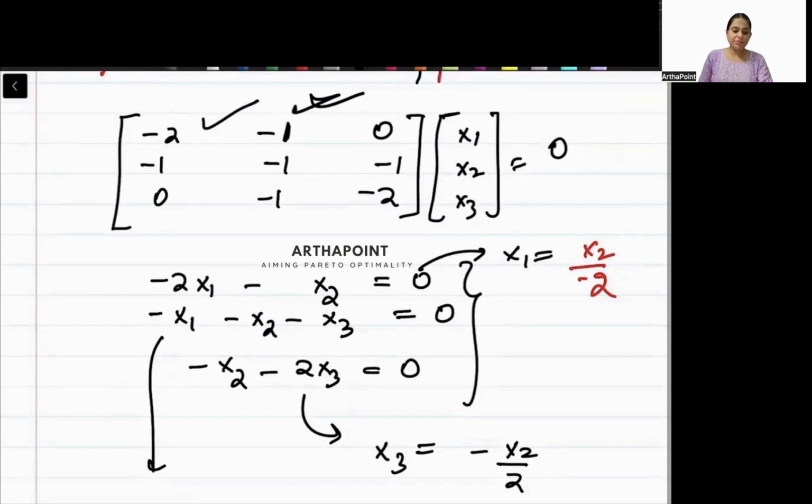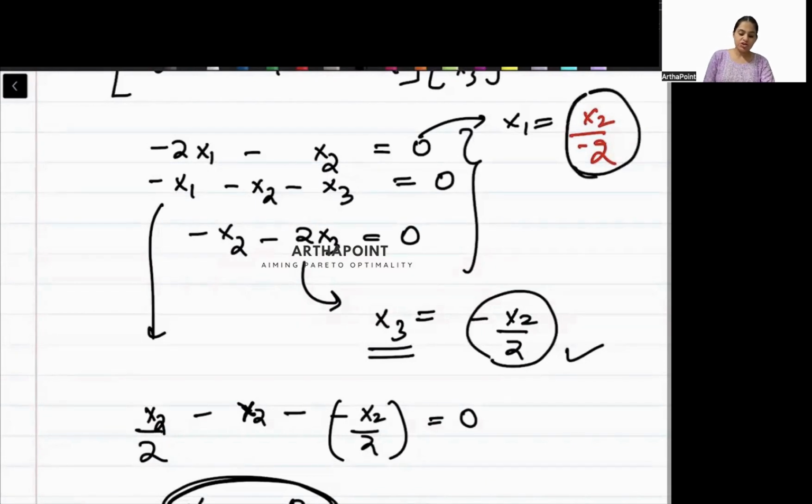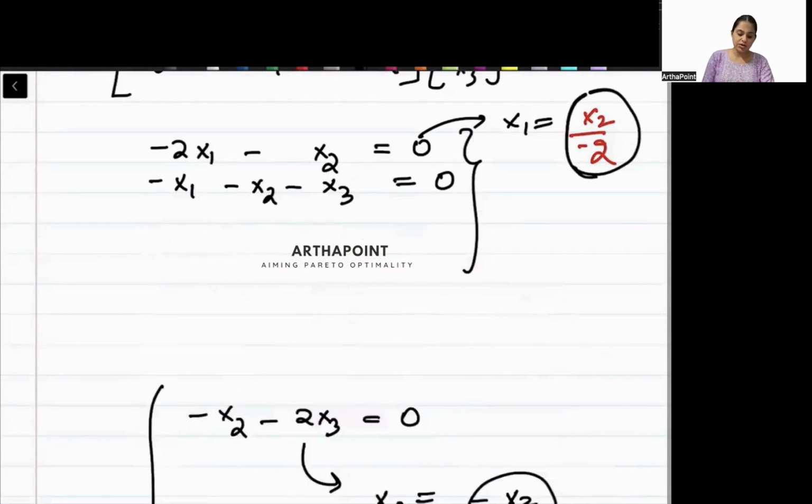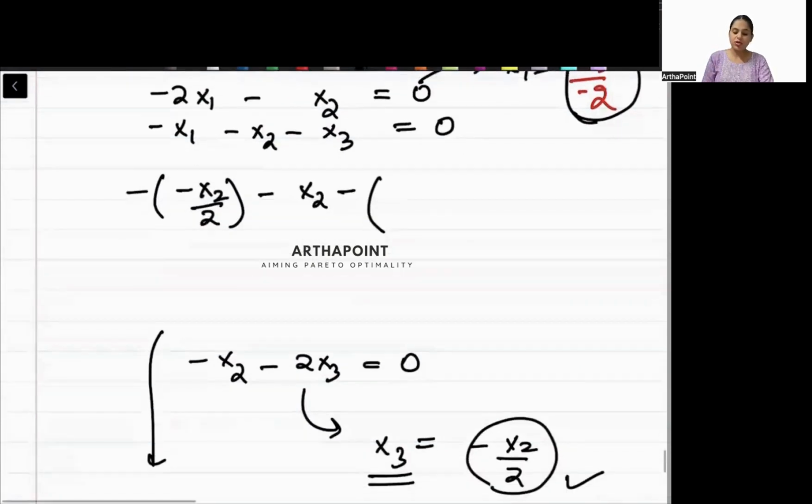And the third one will be minus x2 minus 2x3 is equal to 0. So from here, your x3 will come out to be minus x2 by 2, and your x1 will come out to be minus x2 by 2. If I put it in this equation, I will get minus x2 by 2 minus x2 minus, instead of x3, minus x2 by 2, equal to 0.